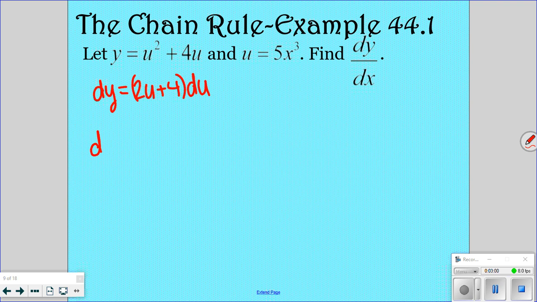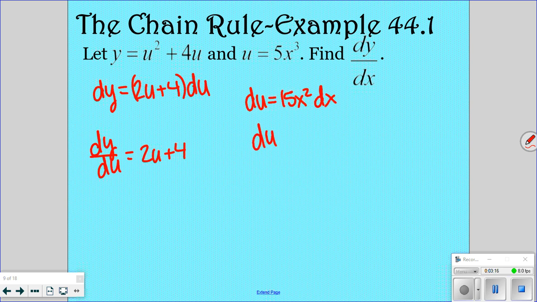So dy over du equals 2u plus 4. And then over here, the differential would be du equals 15x squared dx, so du over dx equals 15x squared.